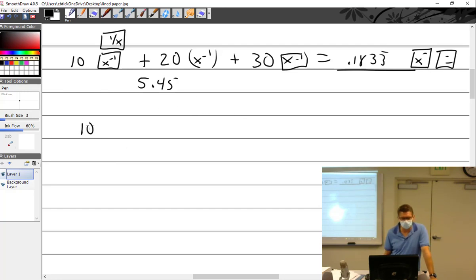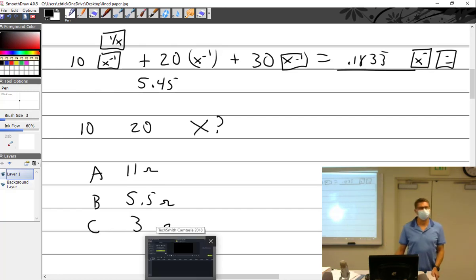One of them is a 10, one of them is a 20. What is the missing resistor? Answer A, B, and C. Well, answer A is 11 ohms. Answer B is 5.5 ohms. And answer C is 3 ohms.